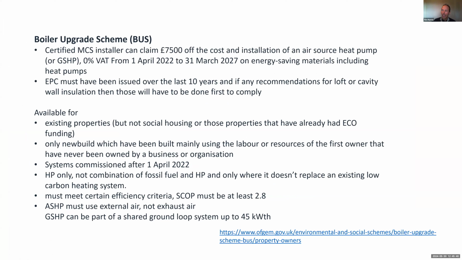We need to think about MCS, because the boiler upgrade scheme works by, they'll give you 7,500 off the cost of the installation of an air source heat pump or ground source heat pump.